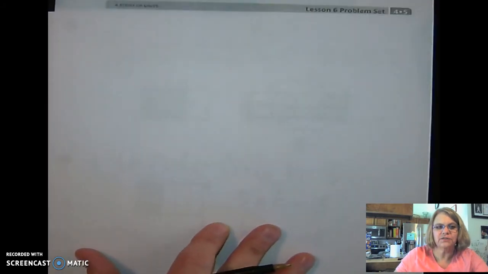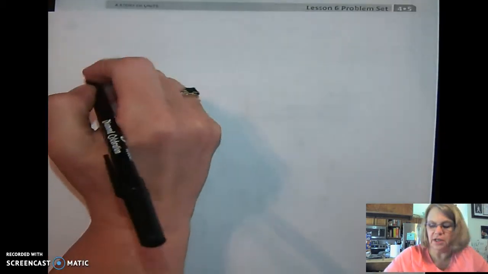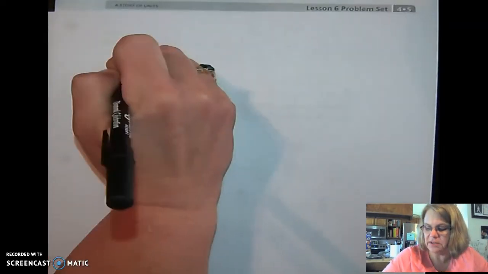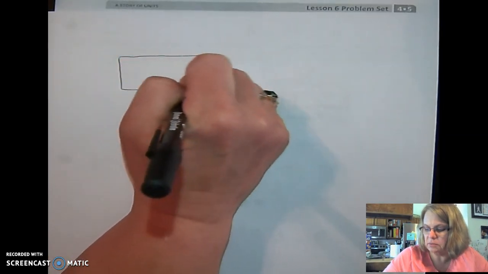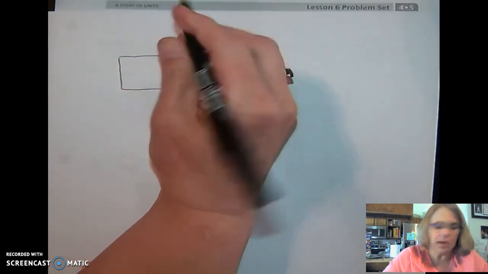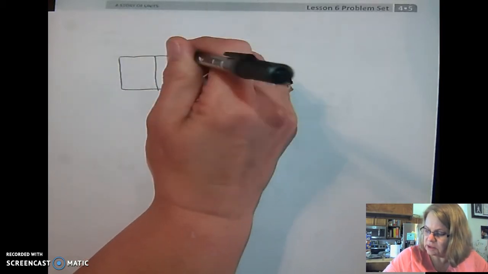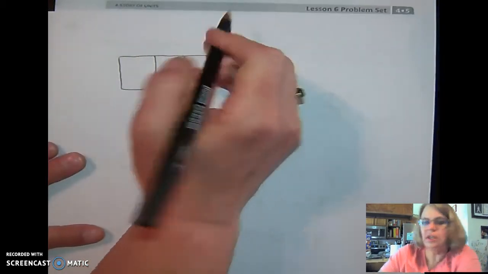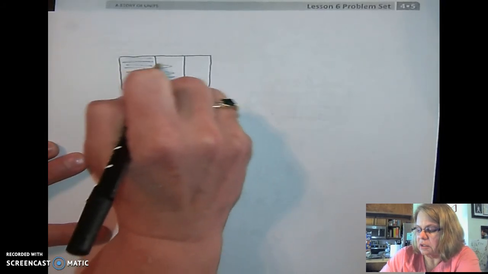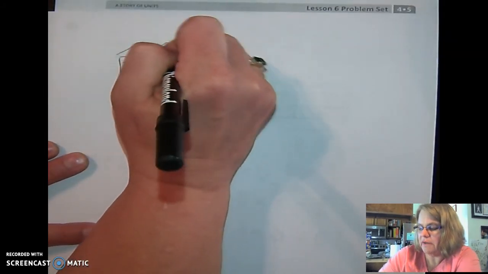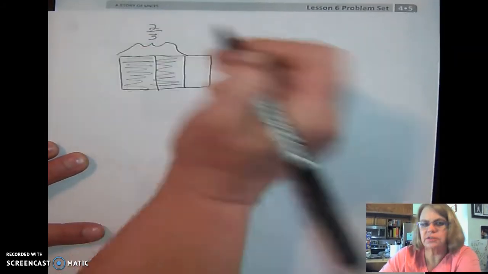Okay, let's move on to a different problem. I'm going to show you another one. Same concept though. So if I have a box and I split this box into thirds and I shade in 2, I have 2/3.